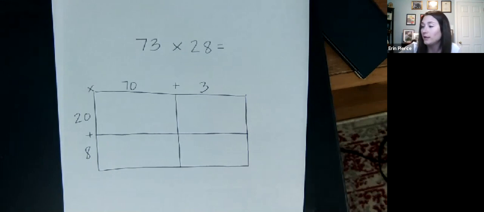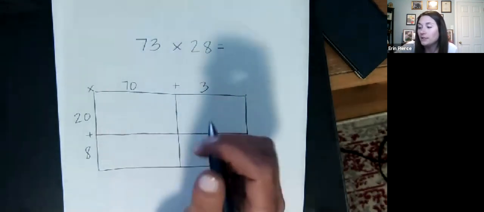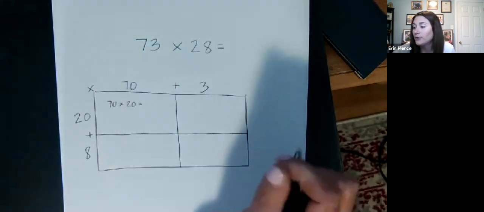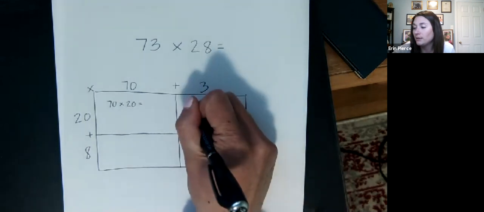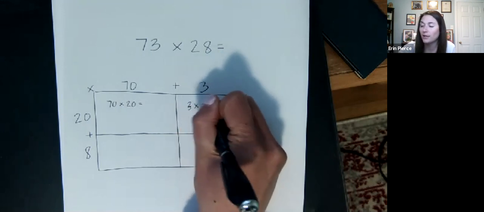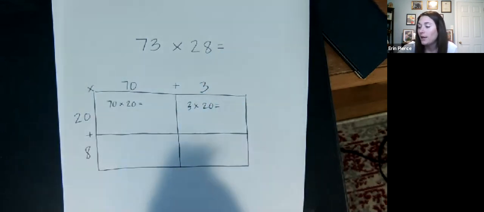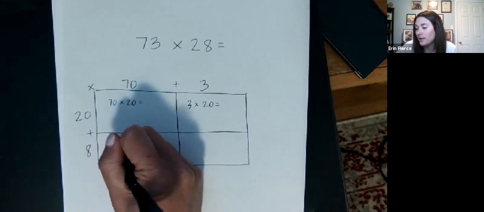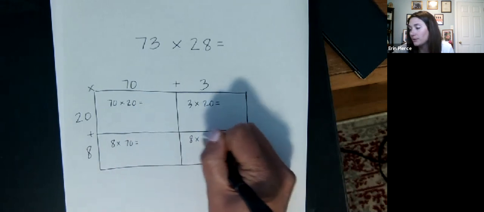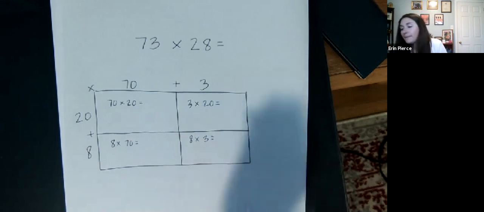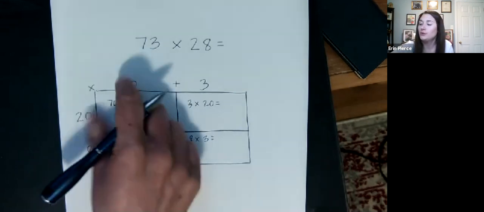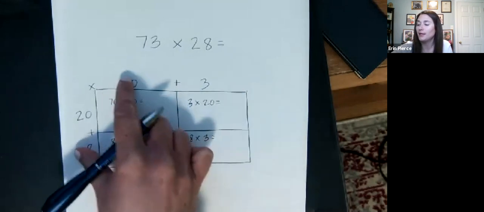So I start off with 70 times 20. I have 3 times 20, so I can keep straight which ones I'm doing first. 8 times 70 and 8 times 3, okay? I'm just doing where they match up.